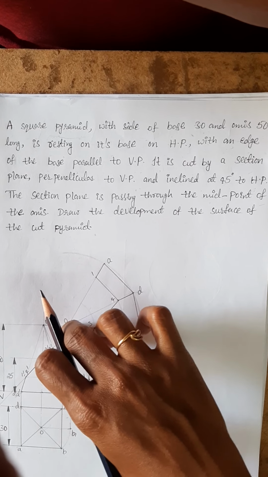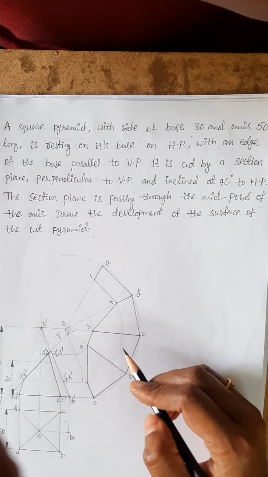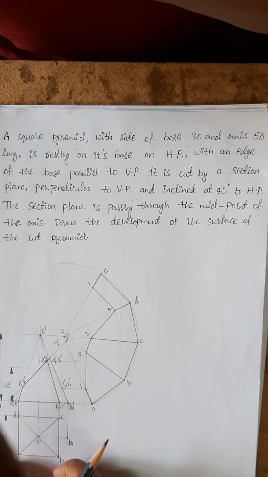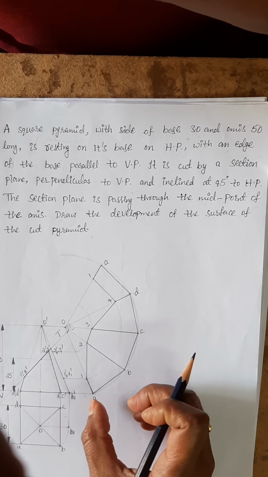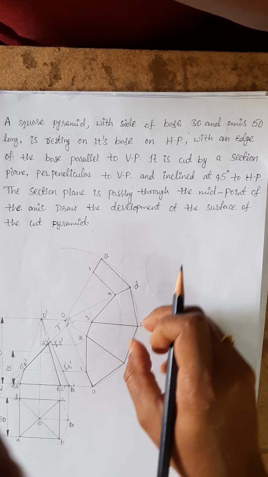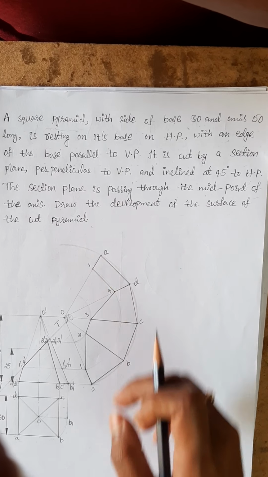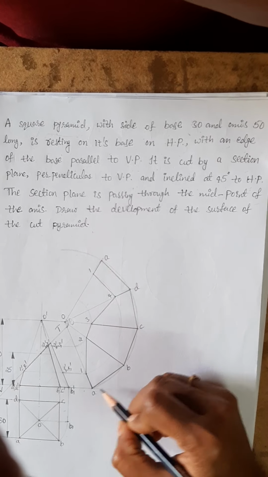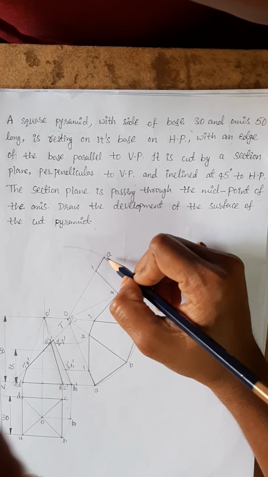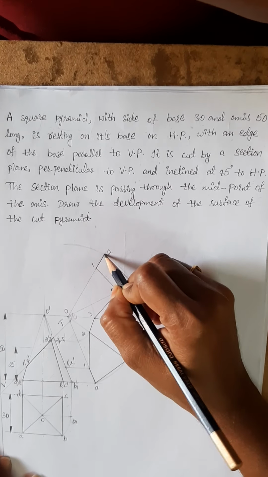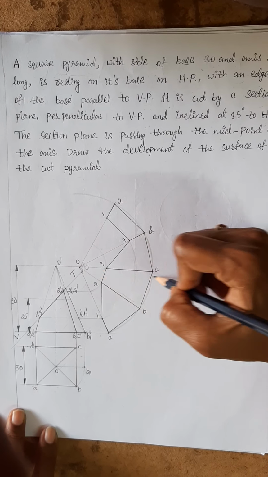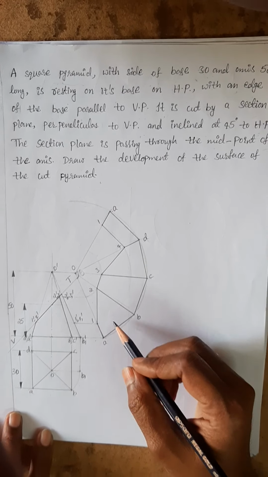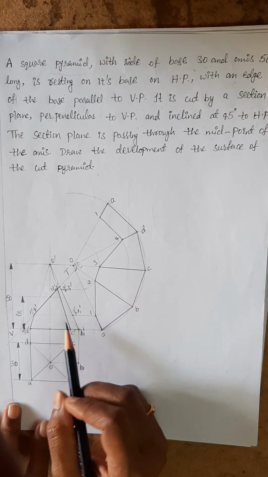Then with 30 as radius and A as center, draw 4 arcs, because this pyramid is a square pyramid, right? Then join A, B, C, D and again A. Join O and A, right? These are the 4 parts of the pyramid, right?